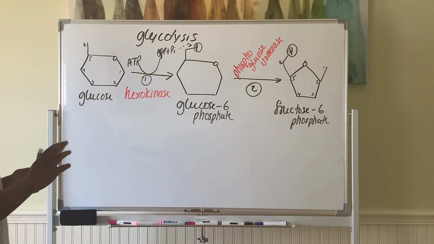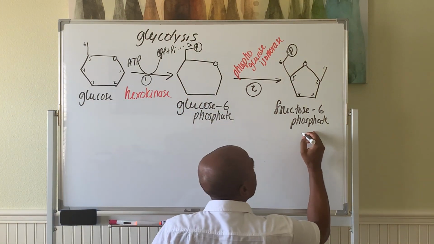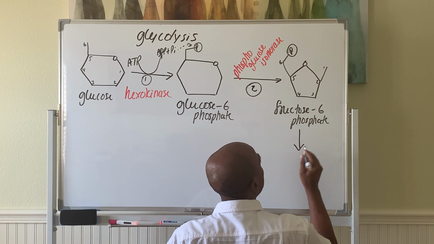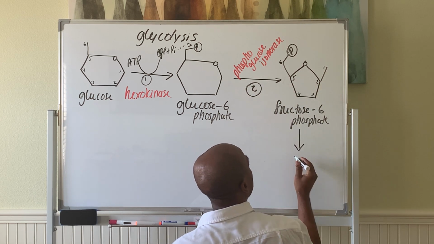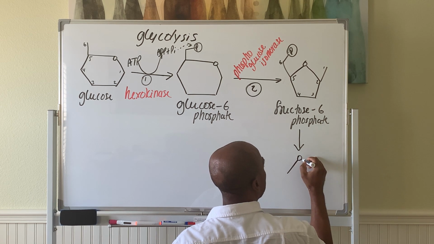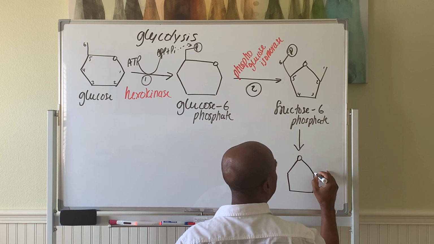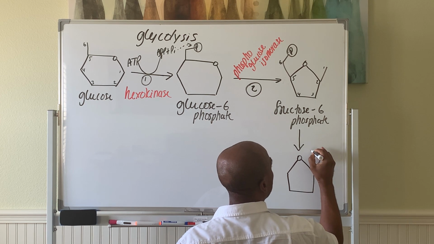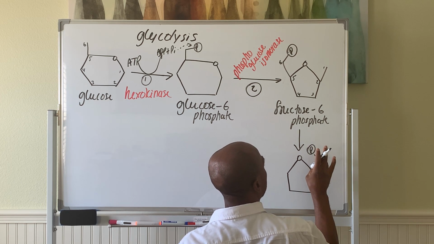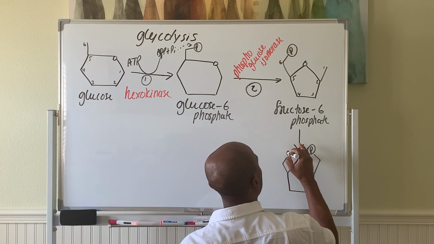And then for reaction 3, you're going to add another phosphate group to it. So here, we take fructose, still as we were before, and now we add a phosphate group to the number 1 carbon, and there's already 1 on the number 6 carbon here.